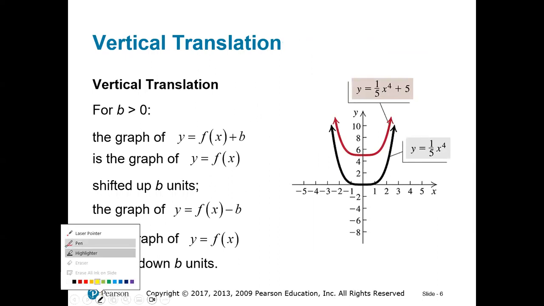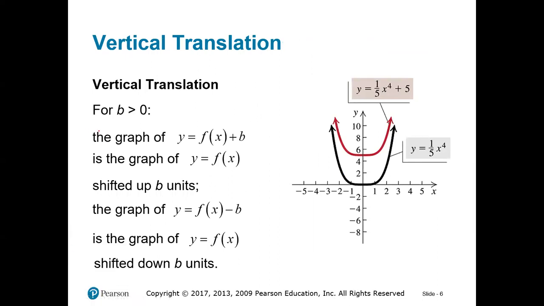In this one, it says that b is greater than 0, and we have the graph of y equals f of x plus b. They said this red function here is this equation, and the black one is the graph of y equals f of x.